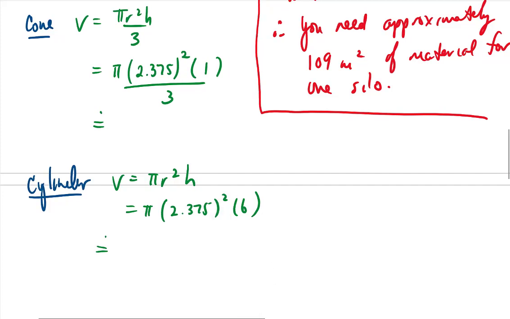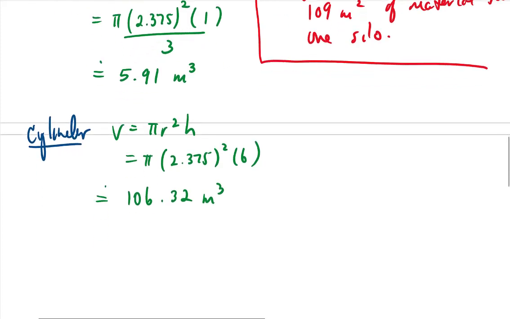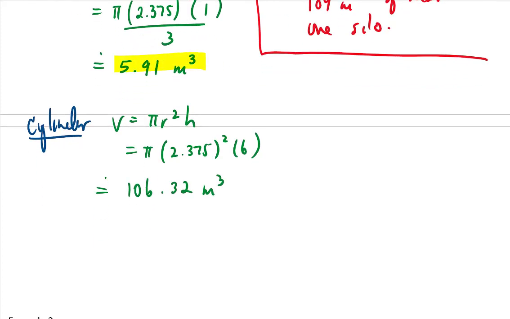So for the cone, I end up with 5.91, and since we're dealing with volume, that would be meters cubed. And for the cylinder, I end up with 106.32 meters cubed. So our total volume is going to be the sum of 5.91 and 106.32.